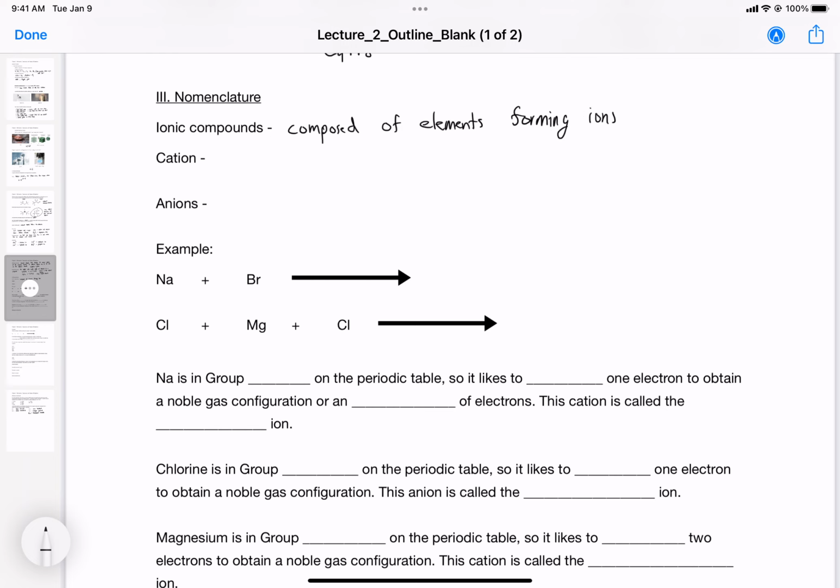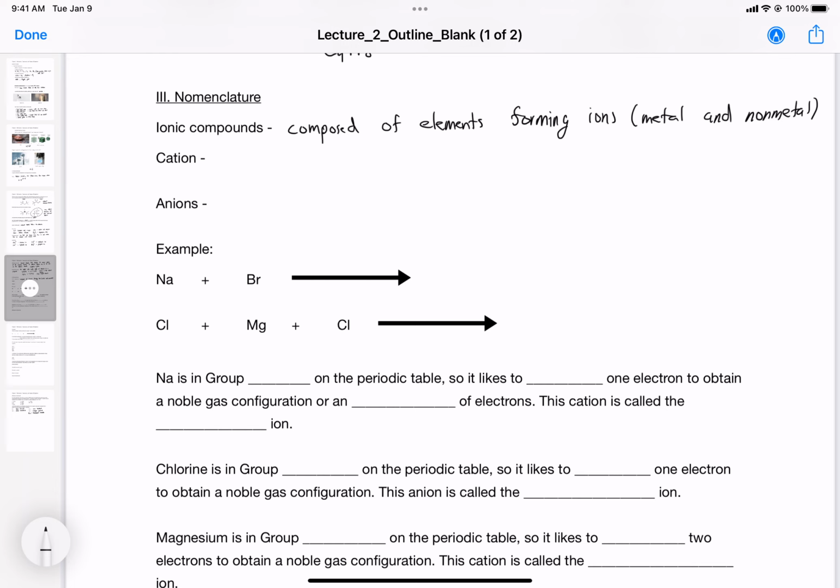So usually when we say ions, they are formed from a metal and a nonmetal. So it's important that we can distinguish between what a metal and a nonmetal is.